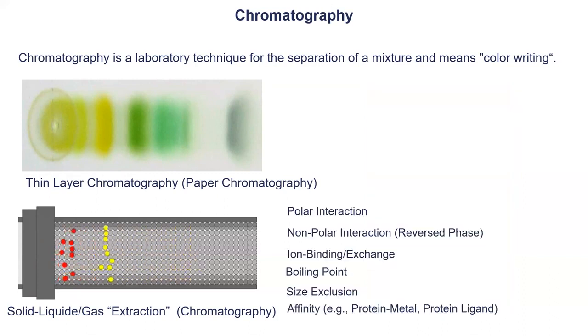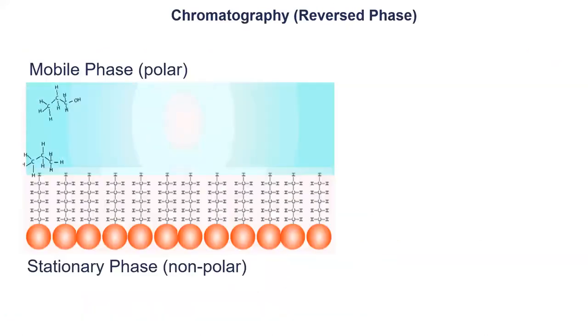This is just a very brief summary of what things we can actually separate, and based on which setting or on the compound itself. We see we have the polar interaction, we have the boiling point for GC. We can also use size exclusion if we think about macromolecules, but this is very specific. I think you can also use it in LC, based on the column that you then use.